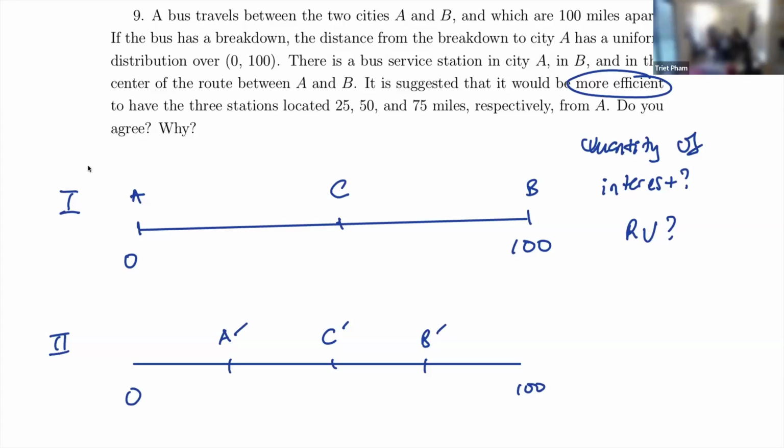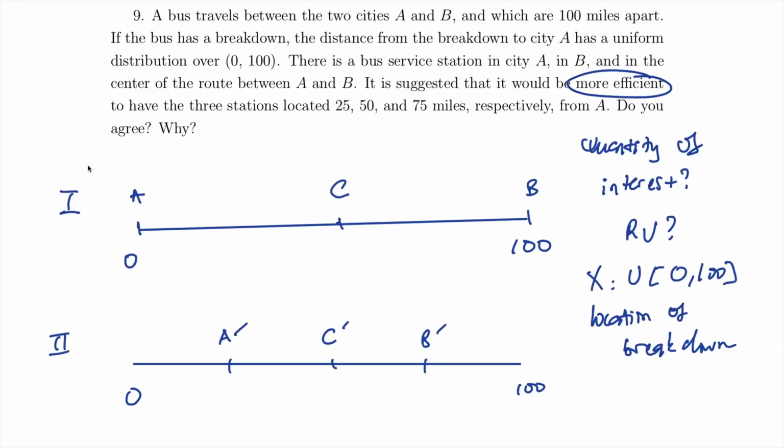So what are we looking at? We do have a random variable, which is x, which is uniform from 0 to 100, which is the location of breakdown. But what quantity are we interested in to talk about efficiency?